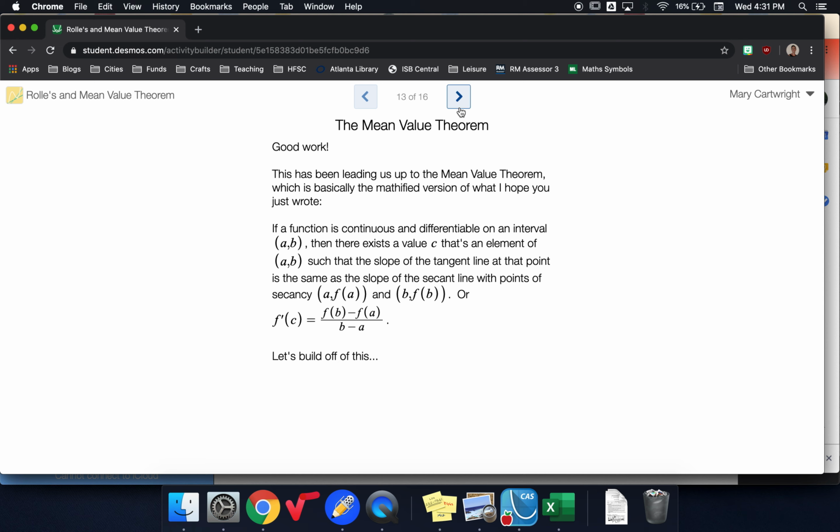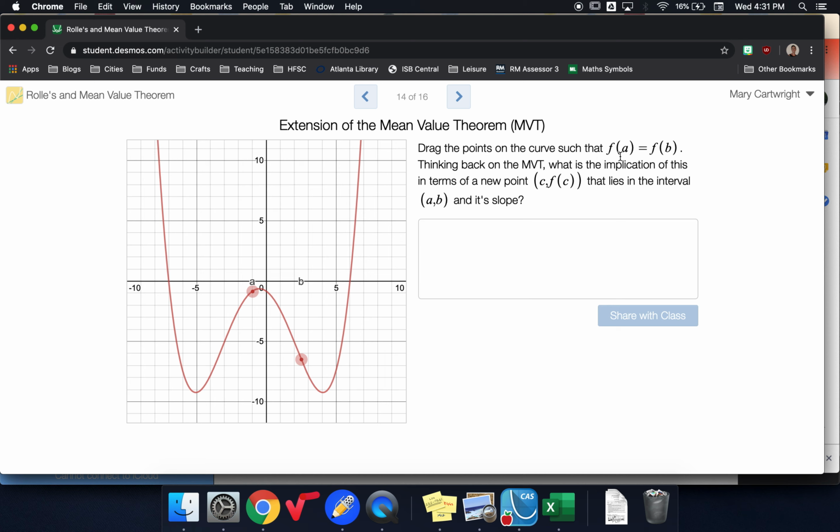Continuing off of that, we've got one special situation where f of a equals f of b. So for example, I could move that to about there, move this one to about here. So now I see that f of a equals f of b, which is 5. And my slope there, so slope of secant is 0.